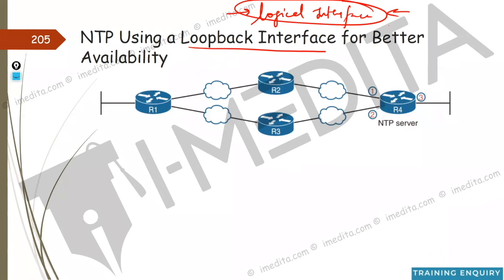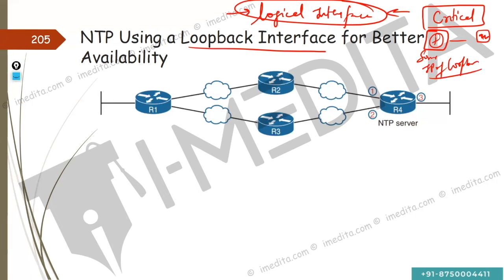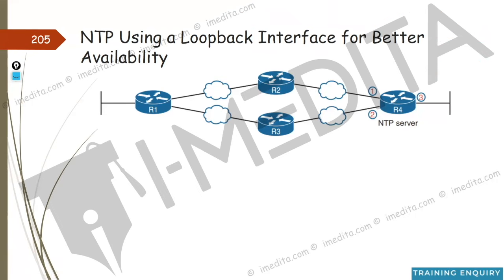I told you there are two main reasons why you would create one. One reason was that if there is some critical communication that a router has to initiate with other routers or any other device, then we can ask the router to generate the packets using the source IP of the loopback. We will understand that scenario in this example. Let's say this is our network and we have R1, R2, R3, and R4.